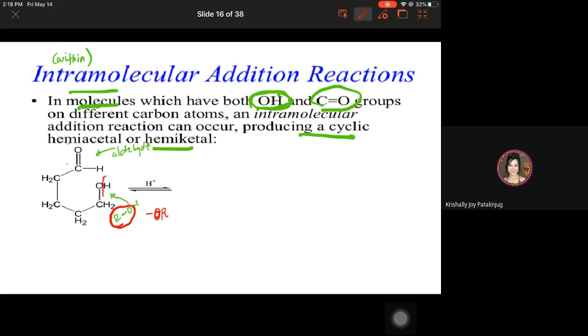The nucleophile goes towards the electrophilic part, the carbonyl carbon, simultaneously breaking the pi bond. And what happens to this oxygen? It will pick up a hydrogen in the reaction.